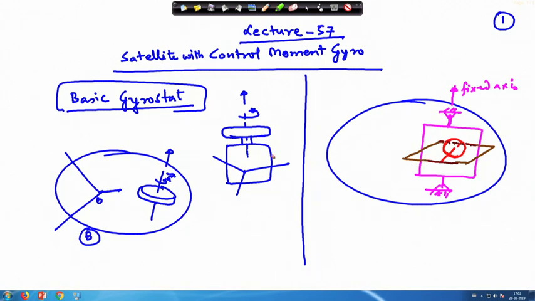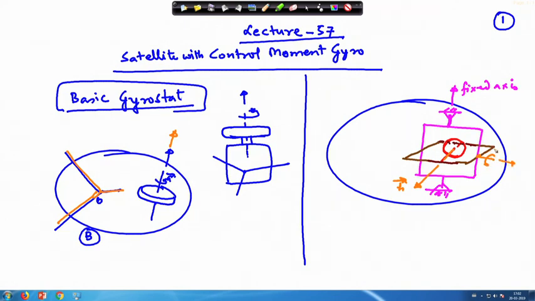Here, the angular momentum of this wheel, let us show it by some other color, as the wheel rotates about this axis, I can show it by h. With respect to this body axis, this direction is fixed, but here there are gimbals.